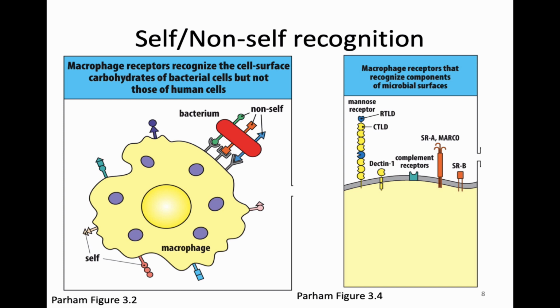They are part of the microbe, in this case a bacterial cell, and are not found on human cells. And so the macrophage has these receptors that can perform non-self recognition. There are many of these different types of receptors, as you can see on the right, that are going to recognize some type of component coming from the microbe.